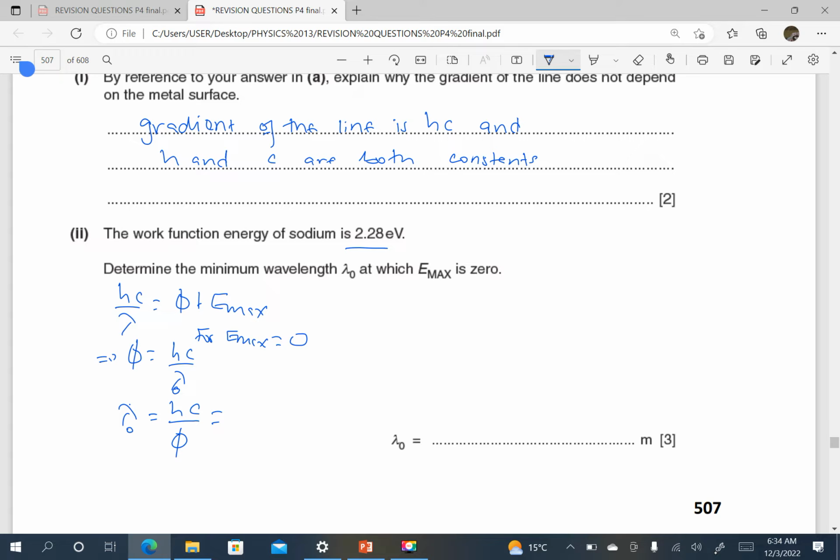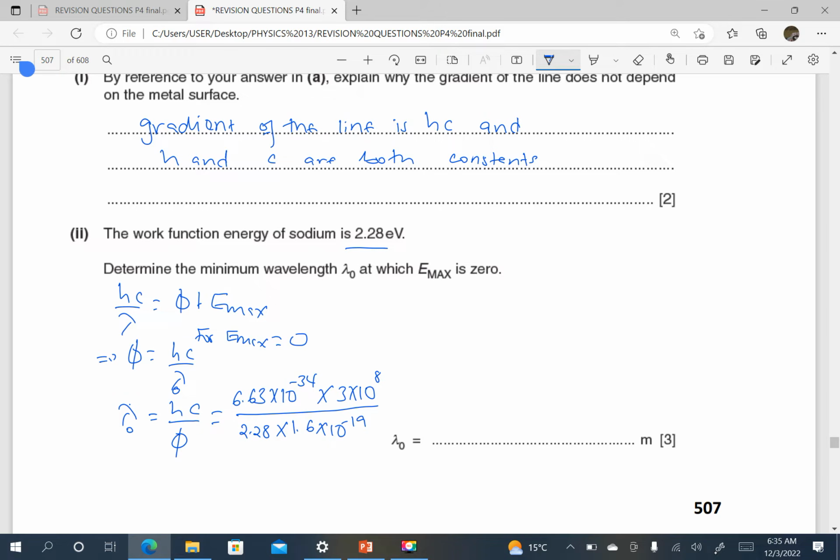And h is 6.63 times 10 power negative 34, times 3 times 10 power 8, divided by the work function. The work function is 2.28. It is in electron volts, so I have to change it to joules. So this will be times 1.6 times 10 power negative 19 to change it to joules.